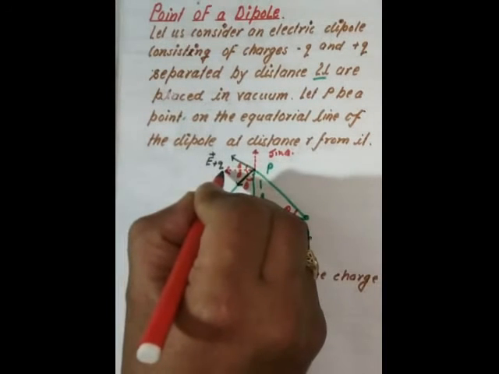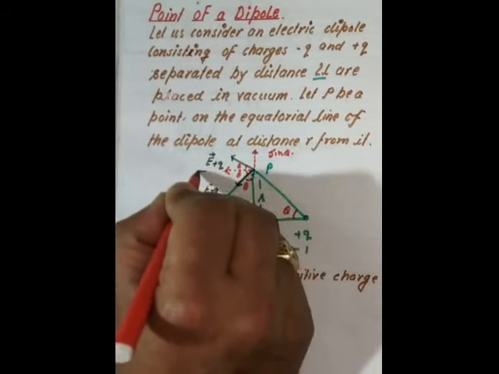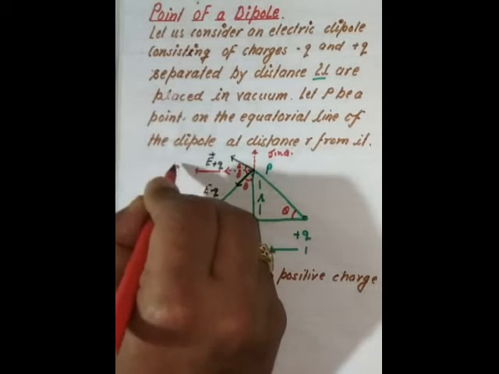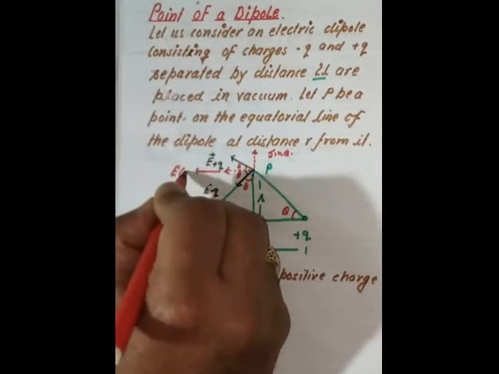And here the electric field should be E cos theta.